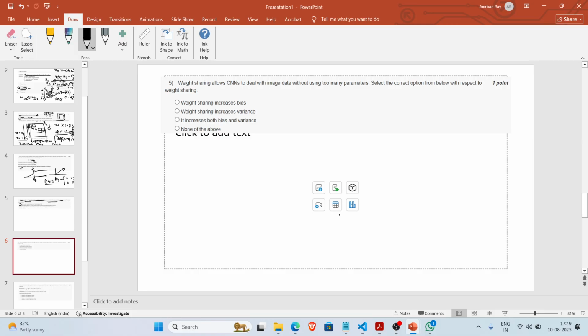But now that you have removed those weights, it does not have the chance. So you have biased the model to a more simplistic design. So it is not possible for the model to learn complicated features. That is why it increases bias.